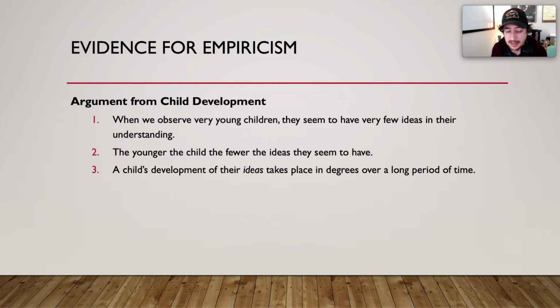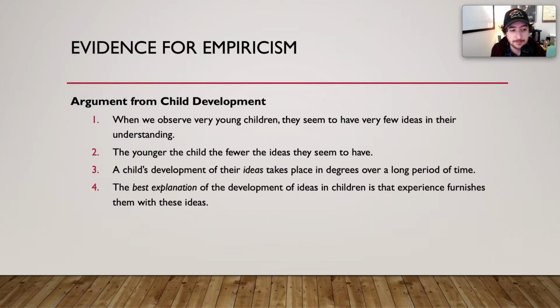It's kind of amazing, the speed with which they get it, which might actually be a problem for empiricism, according to some more recent psychologists. But according to Locke, the best explanation of the development of ideas in children is that experience furnishes them with these ideas. Why would it take time to gain these ideas?